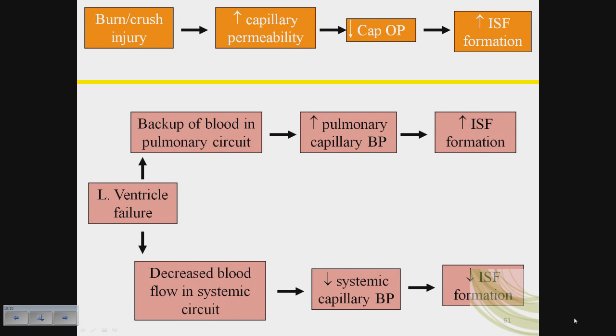Again, kwashiorkor, the alcoholic, the liver failure or malnutrition, etc., from the get-go, there are fewer plasma proteins. But with a person with a burn or crushing injury, the sheer number of plasma proteins was fine. But with the increased capillary permeability, now you have more of those plasma proteins leaking through the intercellular clefts and into the interstitial space.